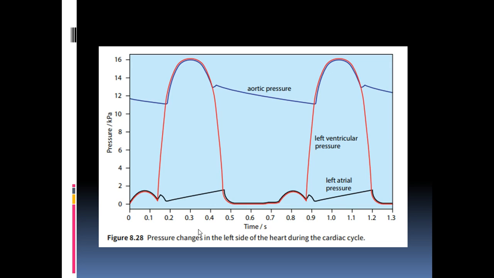If you look at the graph, you will see that you have two different axes here. The y-axis represents pressure in the heart, and the unit is kilopascal, and the x-axis represents time of the cardiac cycle.